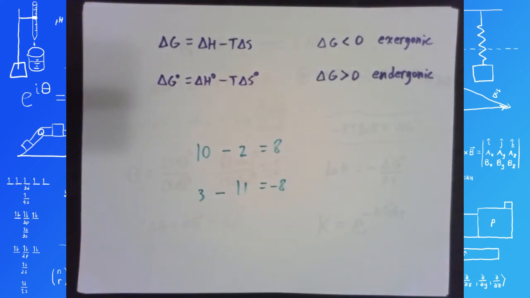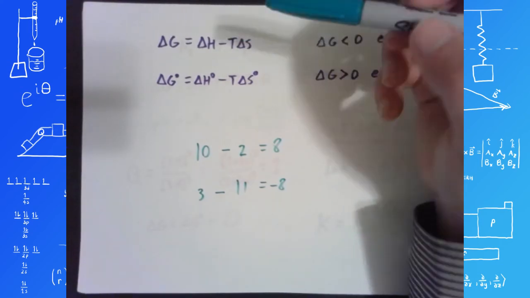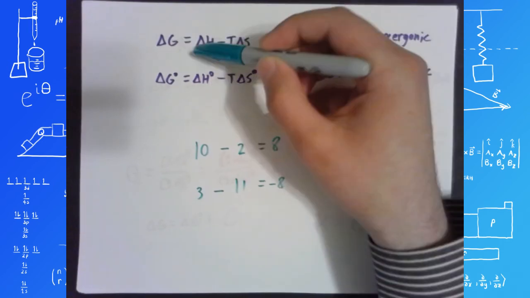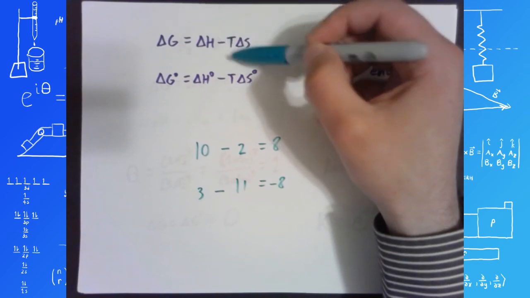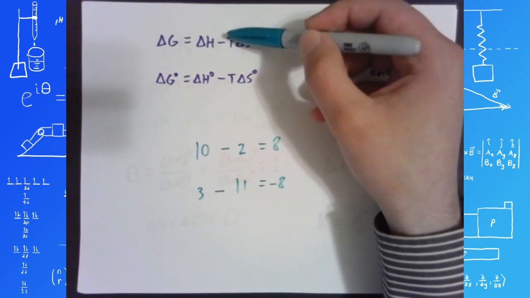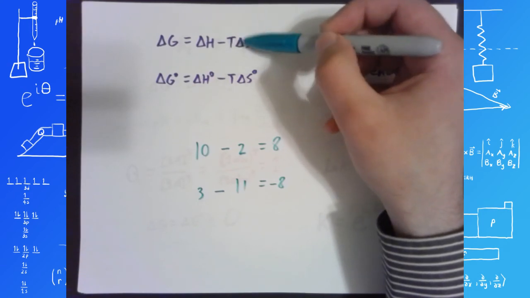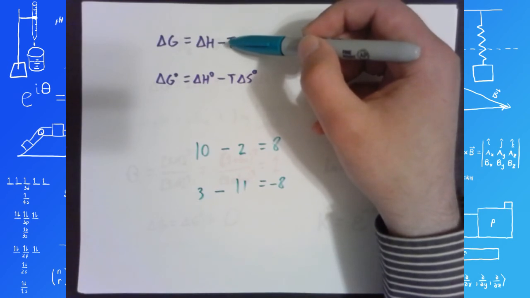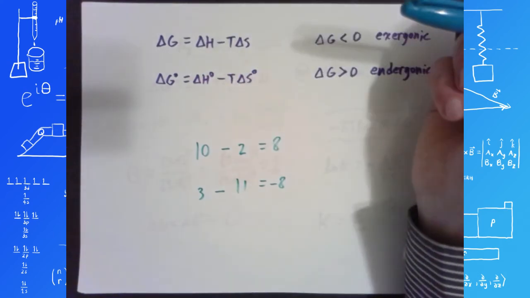So it really depends on the relative sizes. If this term is small, then delta H dominates. So when is this term small? Whenever the temperature is really low. When the temperature is really low, you're multiplying the delta S by a number that effectively shrinks it down, allowing delta H to dominate.